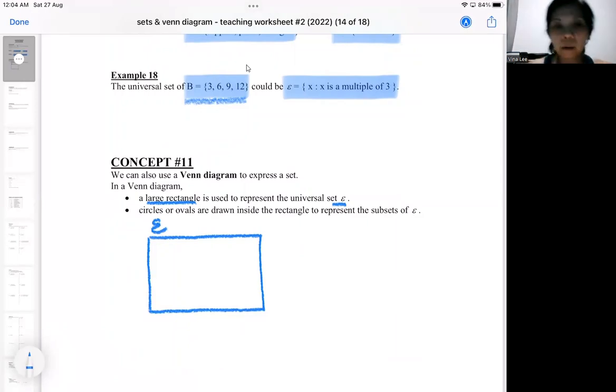And then from there, we will use a circle or oval to represent other sets that are in the description. Most of the time it's circles or ovals. Sometimes in some fanciful questions, you can end up using a triangle. That is the standardization. We do not use a big circle for the universal set, so don't go and change the convention.